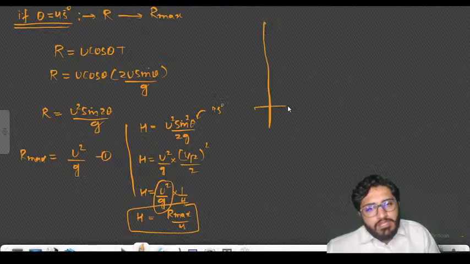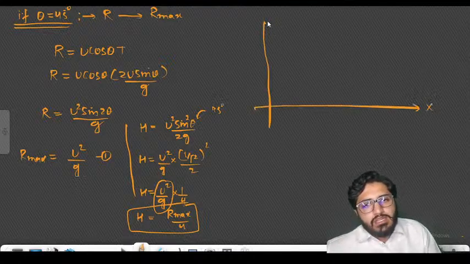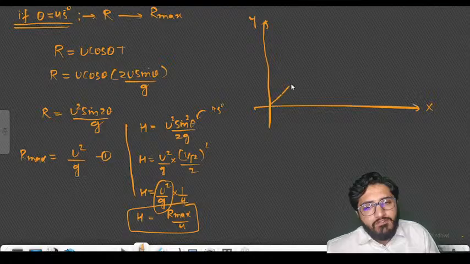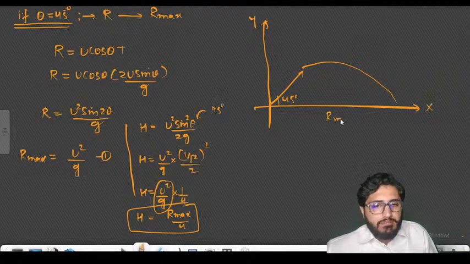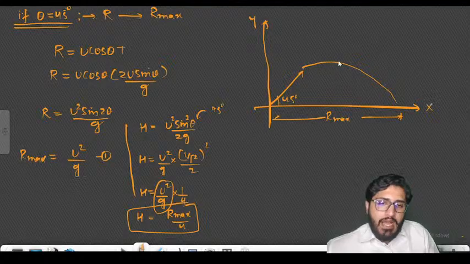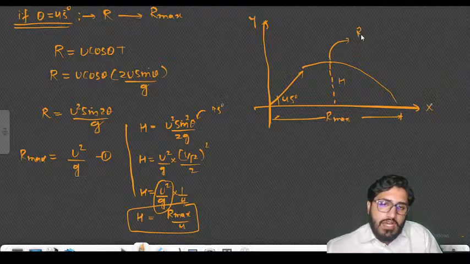That simply means if we are throwing something into the air at an angle of 45 degrees from the ground, it will reach its maximum range, but the maximum height h is equal to R max by 4.